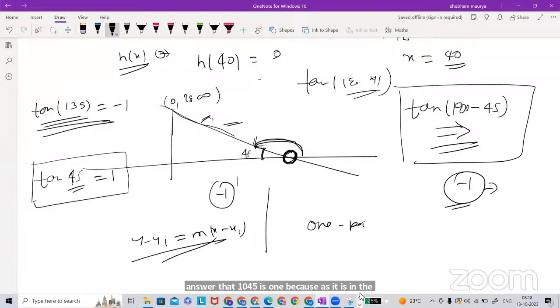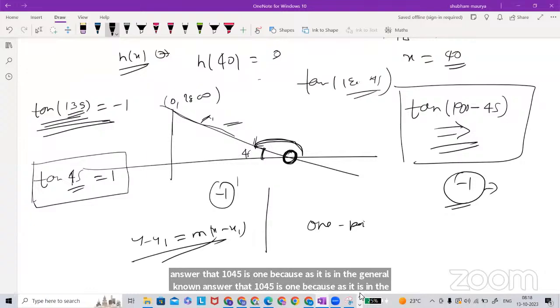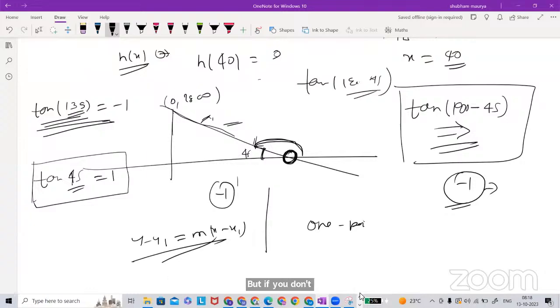But if you don't know what this angle is going to be, this is the clear one. So this is 28, so this is also going to be 28, right? This is perpendicular upon base. If this is 45, this is also going to be 45.